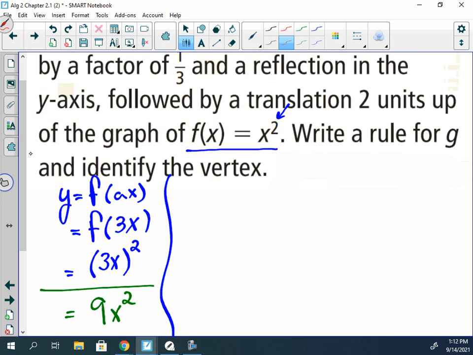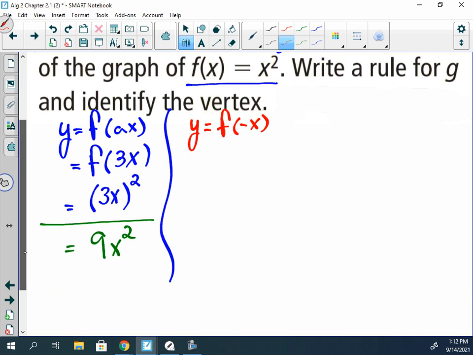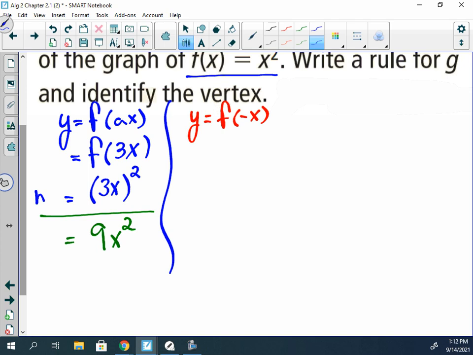Let's see what's next. So we did that, and next is a reflection in the y-axis. Well, this is our y equals f of negative x. Again, I'm just going to stick with h of x because that's what we've been using. So really what this is saying is that y equals h of negative x.